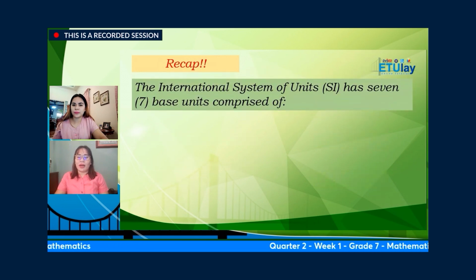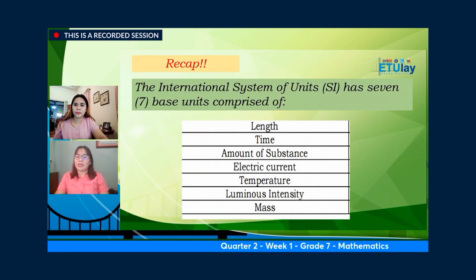Let's have a recap of what we have discussed today. The International System of Units, or SI, has 7 base units comprised of the following. We have length, time, amount of substance, electric current, temperature, luminous intensity, and mass.